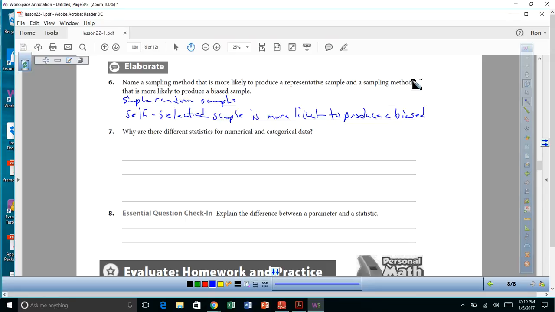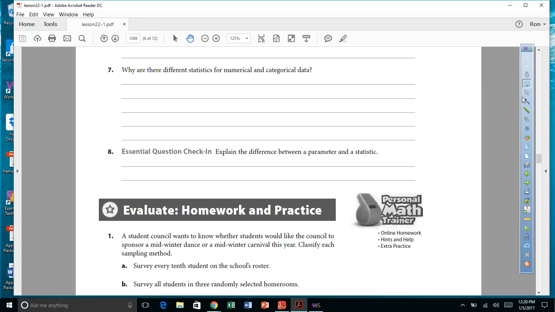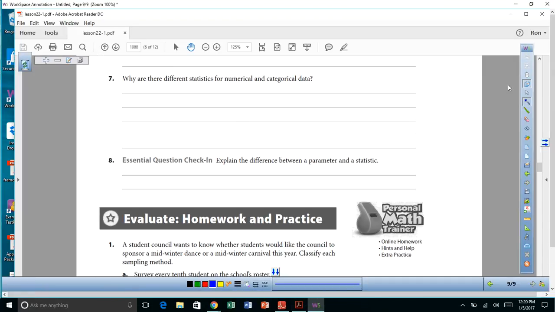Why are there different statistics for numerical and categorical data? Numerical data are numbers that can be ordered to find the median, summed to find the mean, and so on. Categorical data are categorizing, and you cannot perform operations on categories.